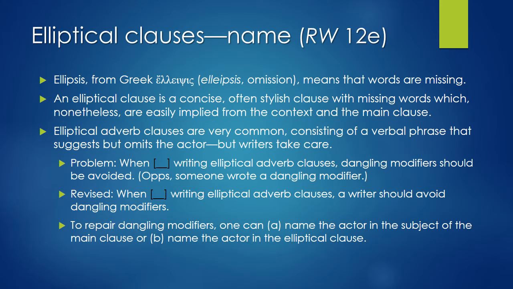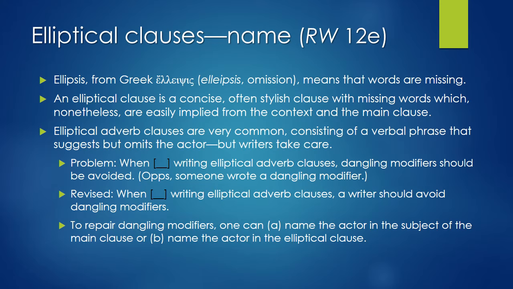Elliptical adverb clauses are very common in English, consisting of a verbal phrase that suggests but omits the actor. But writers take care, because there can be a problem. When writing elliptical adverb clauses, dangling modifiers should be avoided. Oops, someone wrote a dangling modifier in this sentence. So let's revise it.